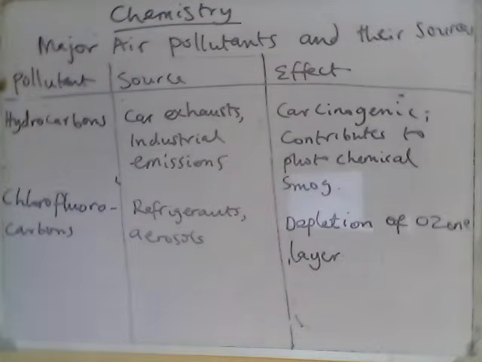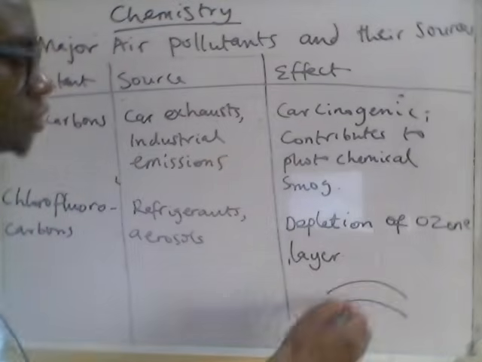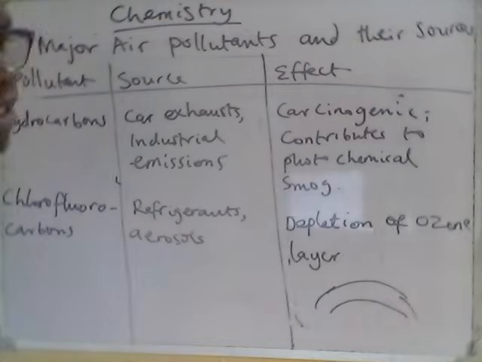The ozone layer is that band of atmosphere that protects the Earth from external cosmic influence. Okay, so when that layer is depleted, you are exposed to more of these cosmic effects.